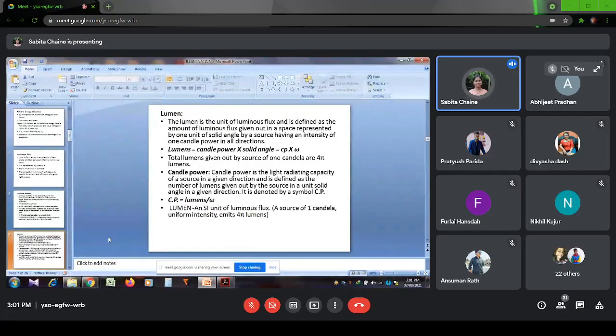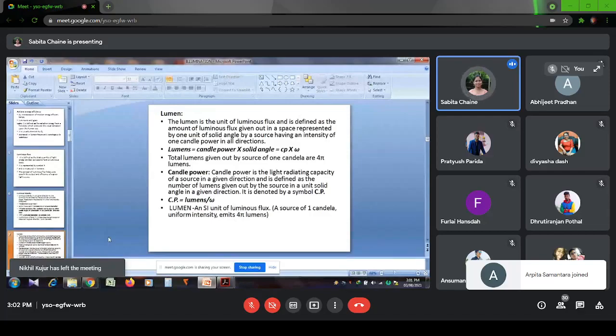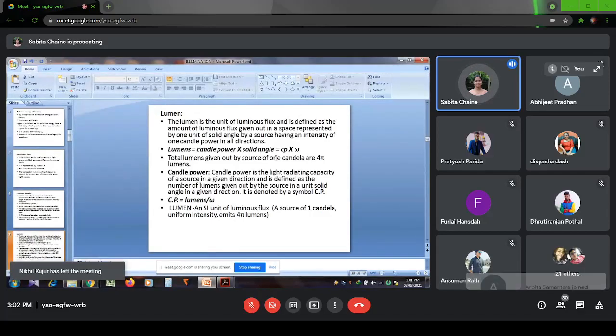So if a question asks you to define the lumen: lumen is the unit of luminous flux, and it is defined as the amount of luminous flux given out in a specific space representation by one unit of solid angle, by a source having an intensity of 1 candela power. CD is known as candela power. So we can say lumen is the candela power into solid angle.